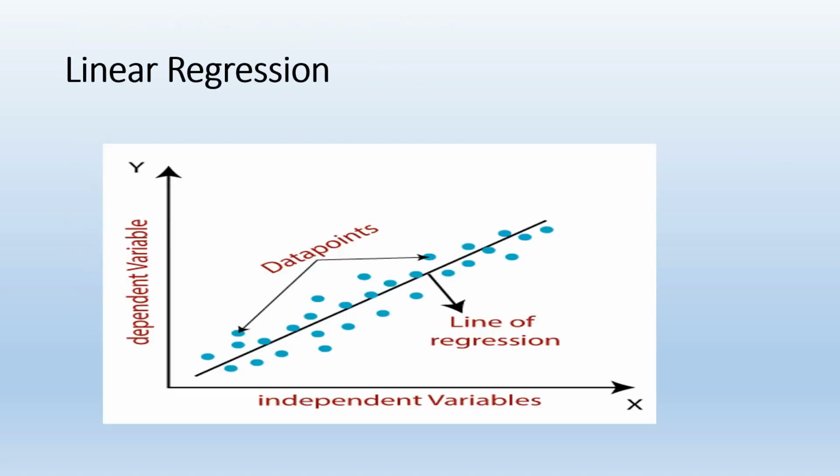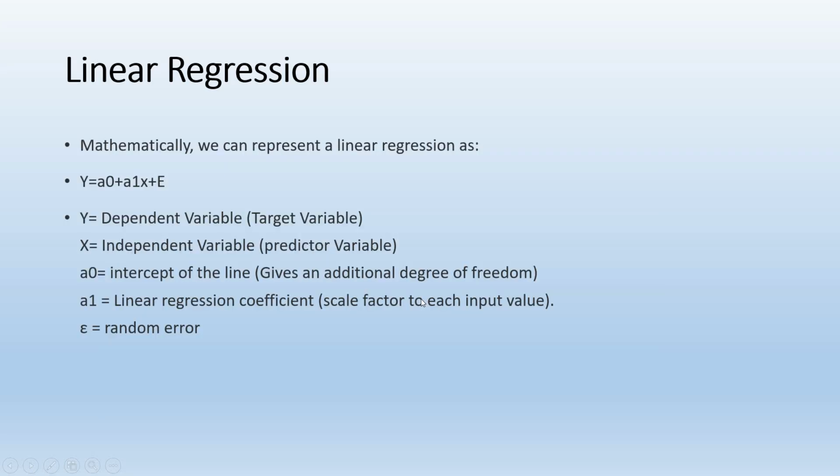In this diagram, this is the line of regression, which shows the relationship between the dependent variable and the independent variable, x and y. The predicted data points lie on this particular line or near to that line.